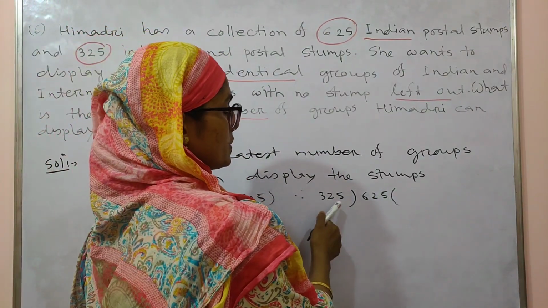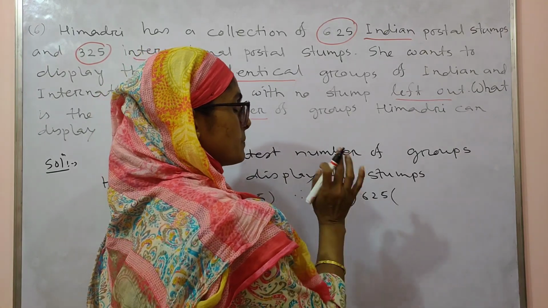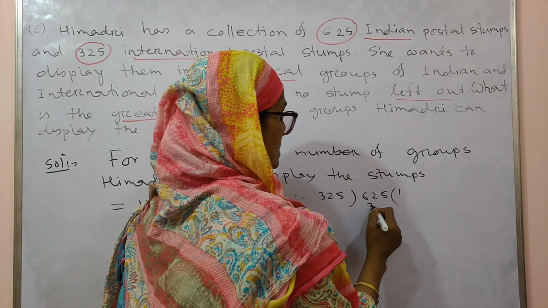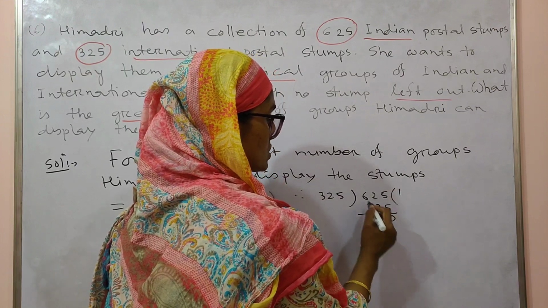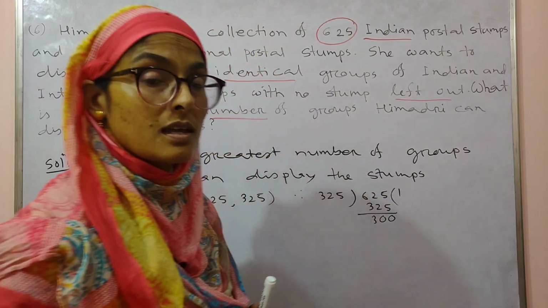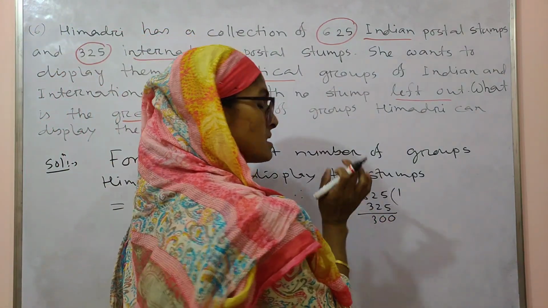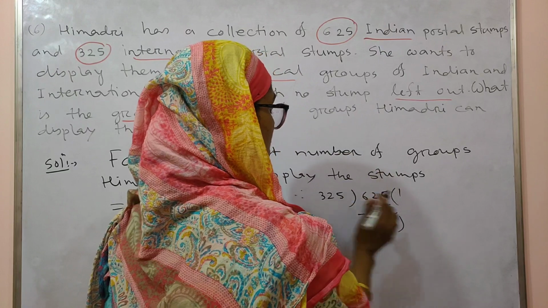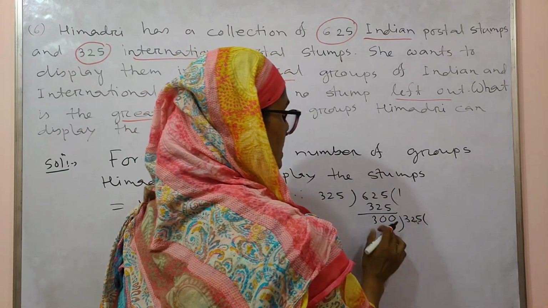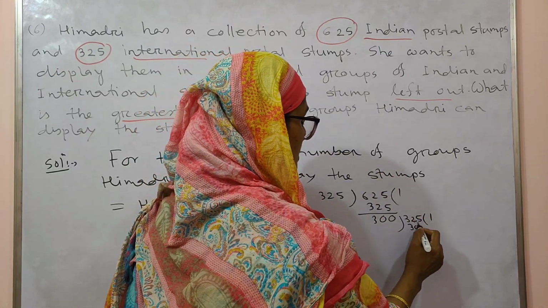Here if you multiply by 2 you will get 650. So 1 time 325. Now subtract: 5 minus 5, 0, 2 minus 2, 0, 6 minus 3, you will get 3. So 300 is less than 325. So this one is the remainder. Again you have to divide 325 by 300, 1 time 300.